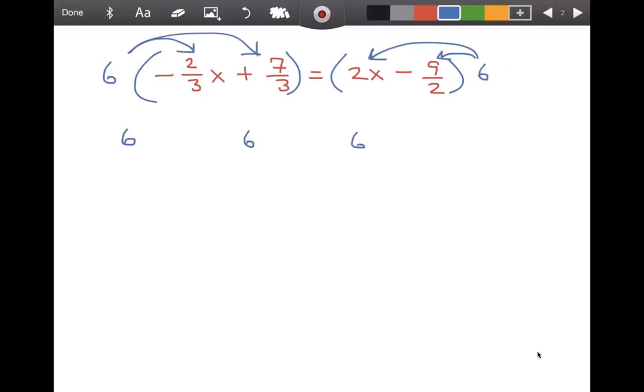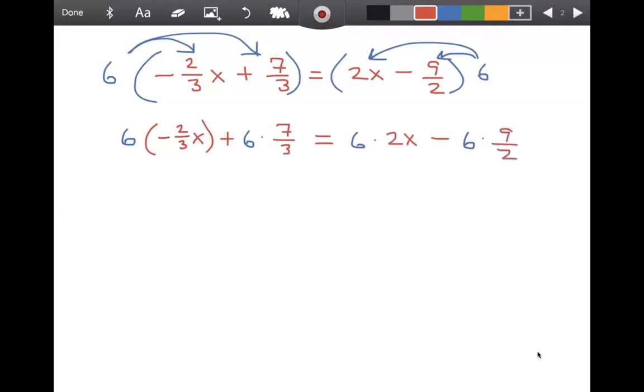Okay, so parking a 6 next to each of these terms, we have 6 times negative 2/3 x plus 6 times 7/3 equals 6 times 2x minus 6 times 9 halves.